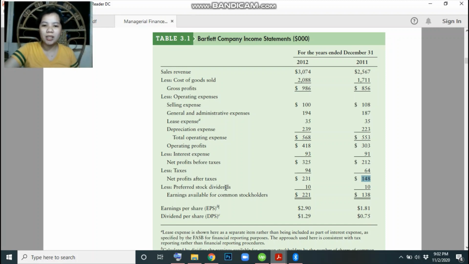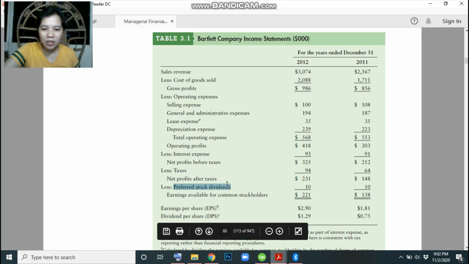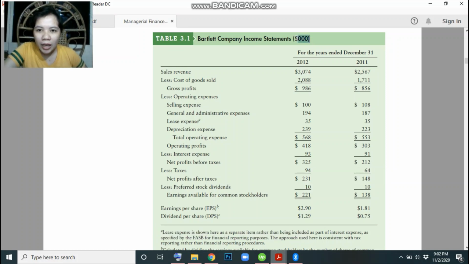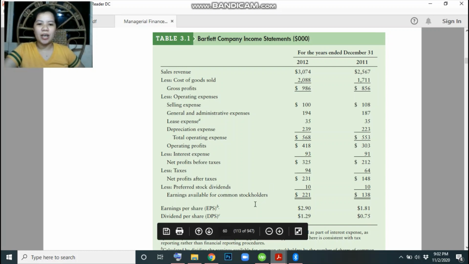Okay? So gipakita diri nga naay dividends gihatag sa preferred stockholders nga $10,000 in 2012. Take note diri, the amounts here are in $1,000. Meaning kana tanan nga amounts dugangan nimo og tulo ka zero. Okay? Sige.